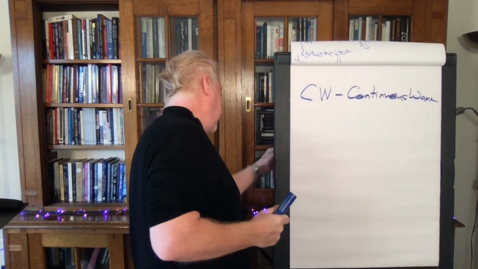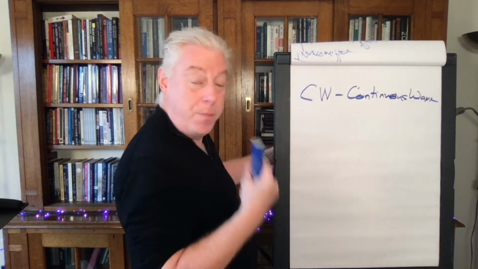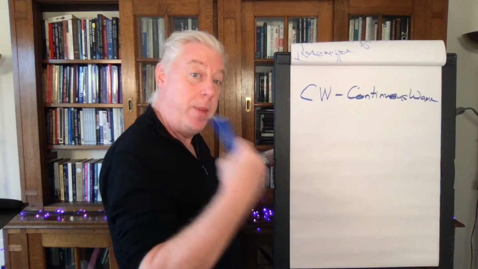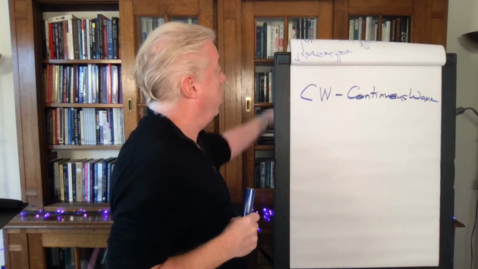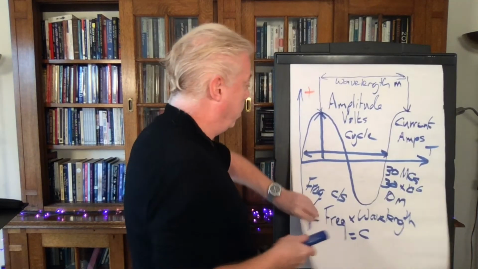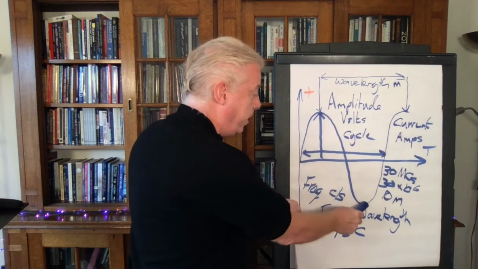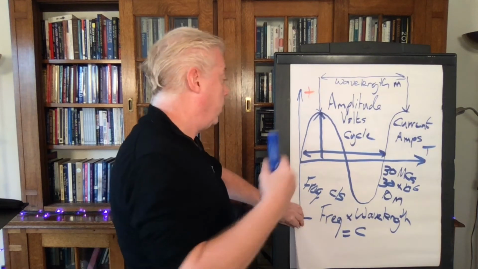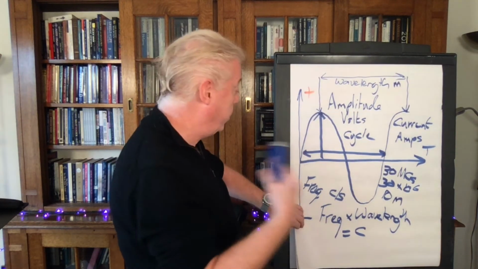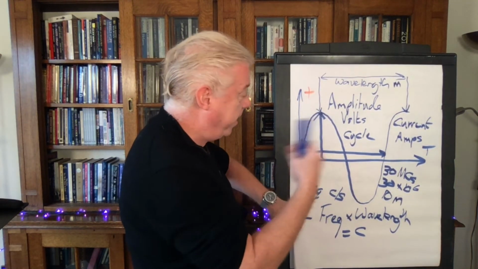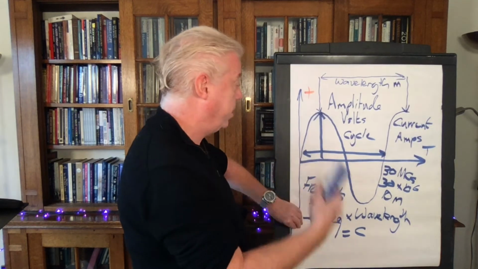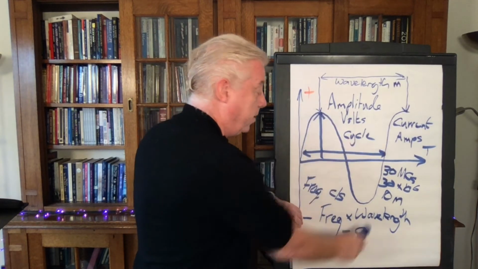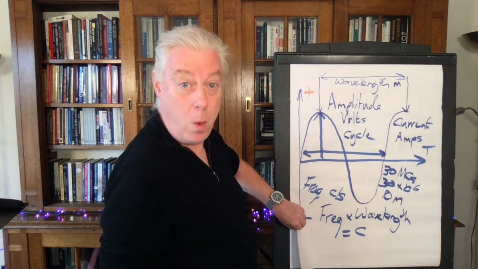So then the next way of encoding information into the wave was by changing the amplitude of the wave. So for instance, for voice or music, the variation in the voice, the variation in the music would change the amplitude of the wave.